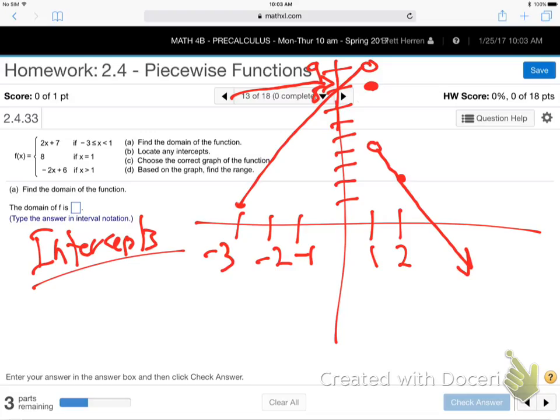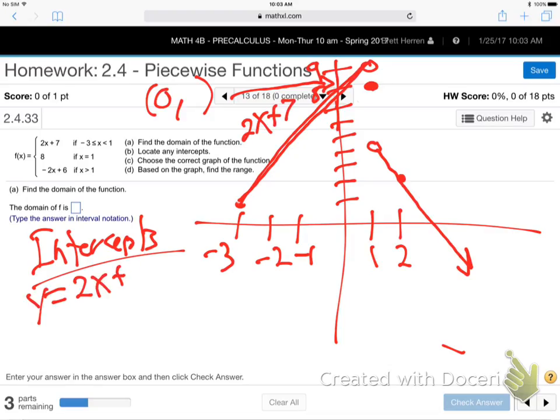Yeah, plug in 0 for the x, because whatever this point is here, it's over 0, up something. So plug into what function? The one that's generating this piece of line, the 2x plus 7. So take y equals 2x plus 7 and plug in 0 for x.